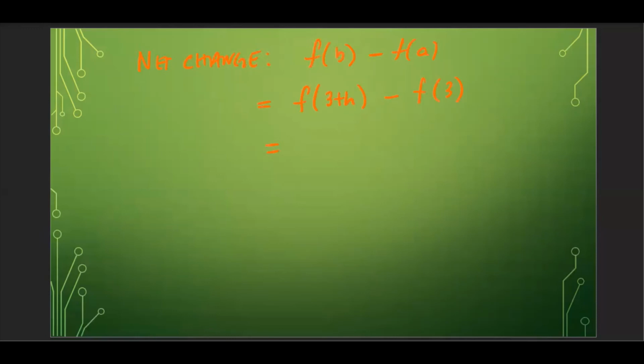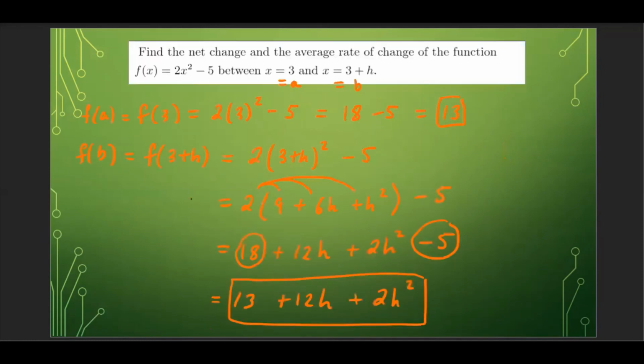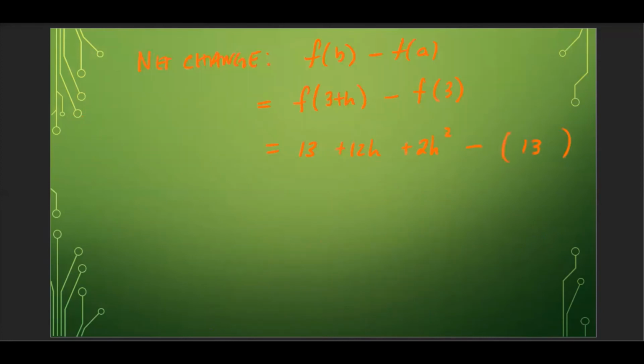So we found that to be 13 plus 12h plus 2h squared minus f of 3. Well, f of 3, we found that to be 13. So that's from the previous slide, where f of b happens to be this box on the bottom and f of a happens to be 13. So I set them up accordingly, and now I just do the computation.